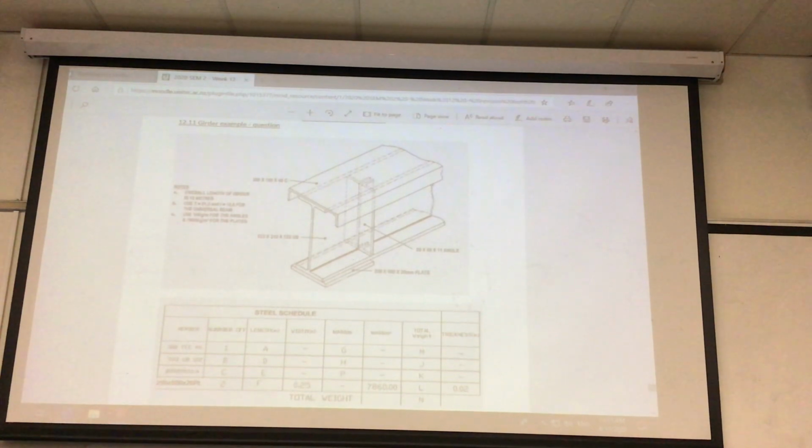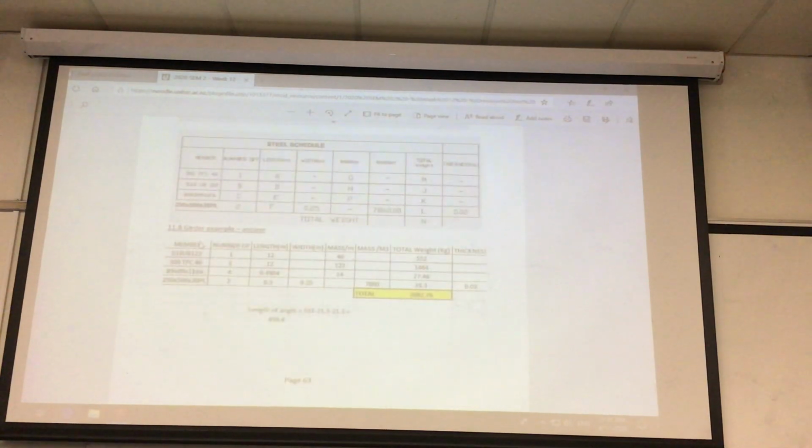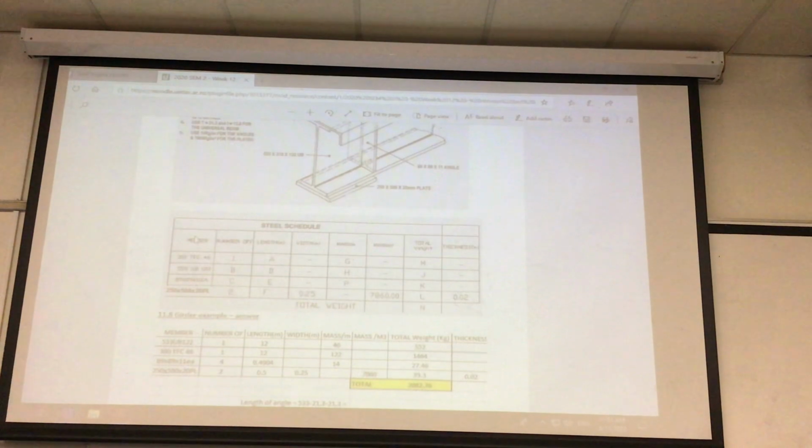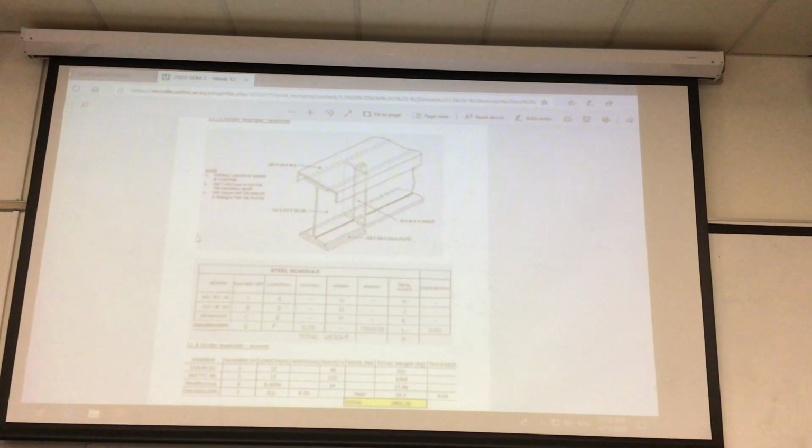Okay, so there's the question that you had in terms of answering it goes. And down the bottom is the actual answer. So if I just go out a wee bit, you might be able to get the whole lot in there.